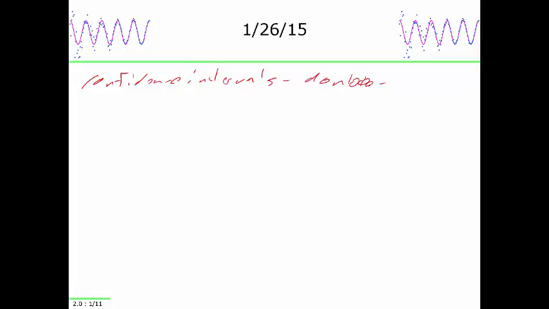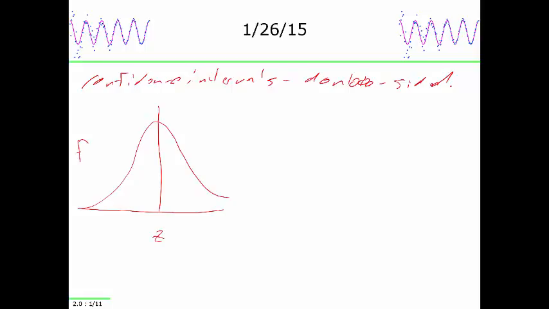And we'll start out with double-sided. Z. Probability.